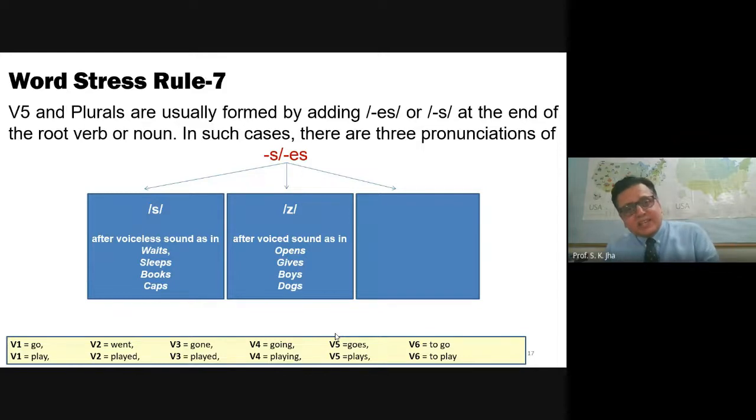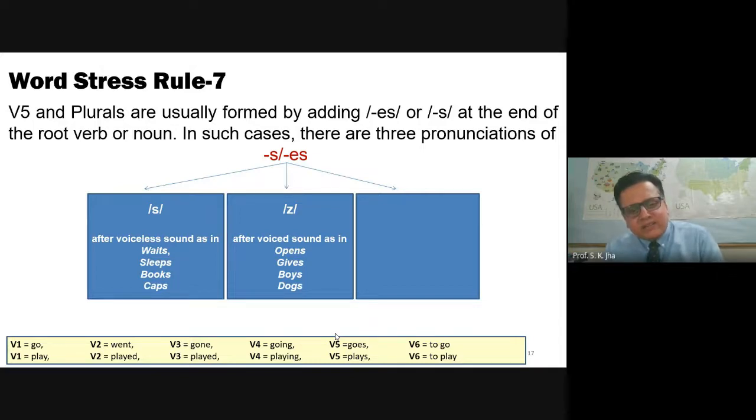But again, the same S or ES becomes Z if it comes after a voiced sound. For example, in open, the last sound is N. In give, the last sound is V. In boy, the last sound is the vowel.